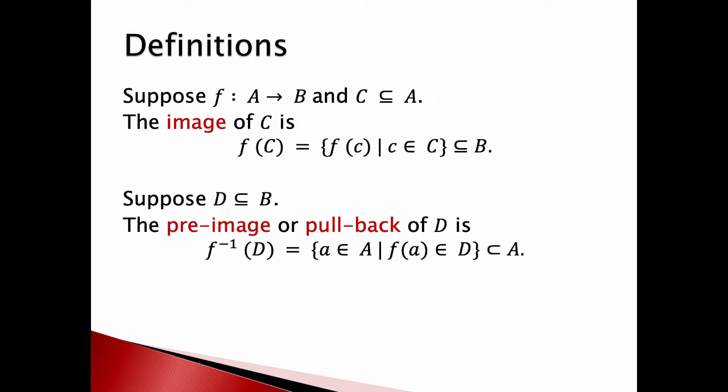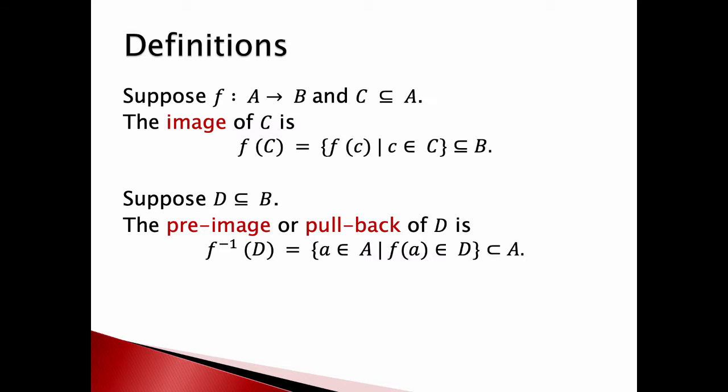For example, in that example we saw a few minutes ago, where I drew a graph of a parabola, and we said if you have large negative numbers, all the way down on the y-axis, and you look at the pre-image of a set of those, there were no x's that mapped onto those y's. So the pre-image might be the empty set even.